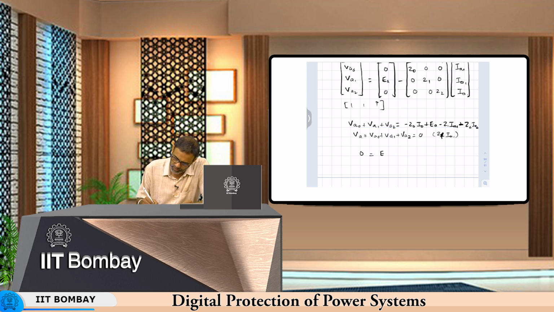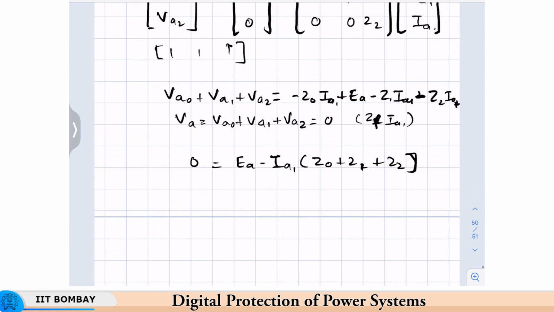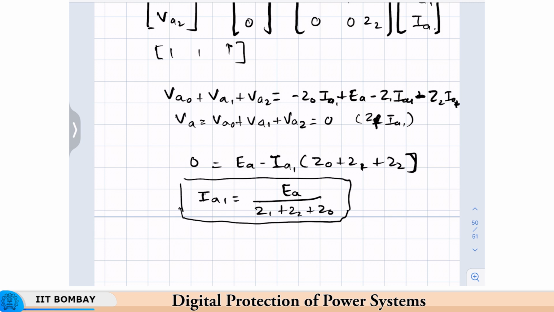So, 0 is equal to EA, I am just collecting the terms, all of this is IA1, since we have represented it as IA1 here. So, we are collecting the terms, and then this is simply Z0 plus Z1 plus Z2. Which means that IA1 is equal to EA upon Z1 plus Z2 plus Z0. So, this is the equation that we will use for calculating the fault current.